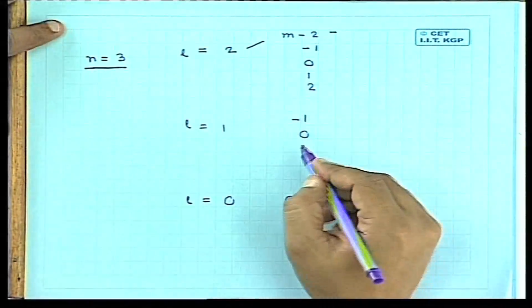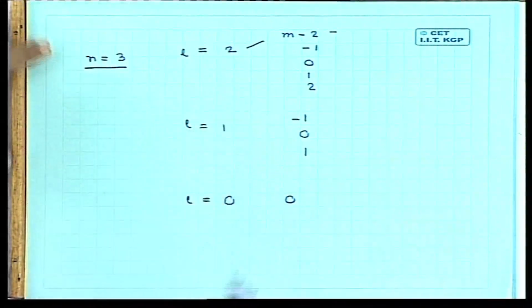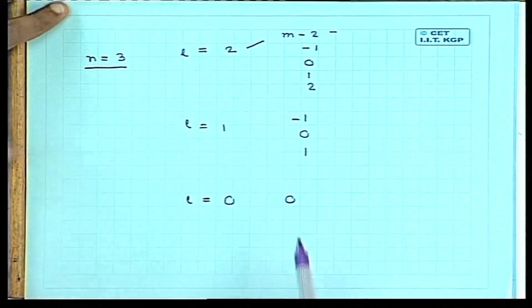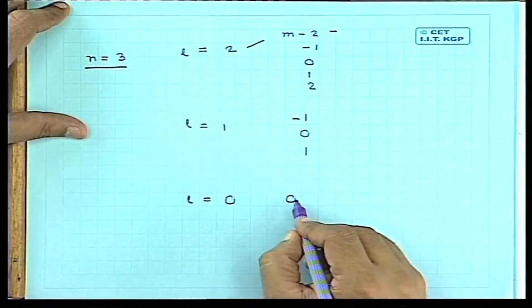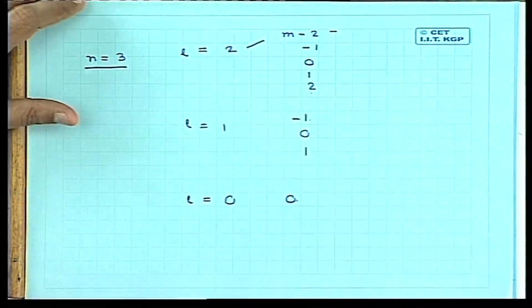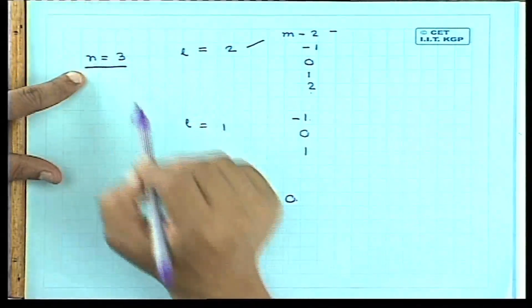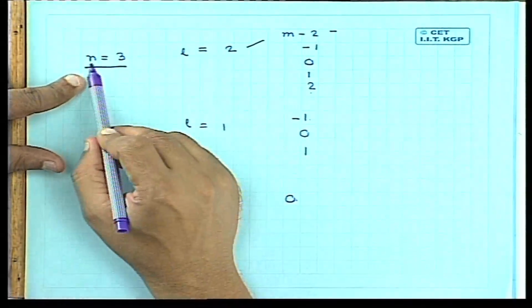These are called the degenerate states corresponding to this value of energy. And for n equal to 3, we see that we have 1, 2, 3, 4, 5, 6, 7, 8, 9. So, you can work out a general expression for the number of degenerate states for a given energy level.